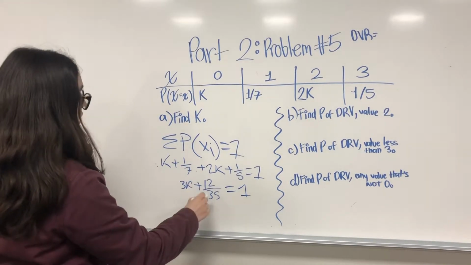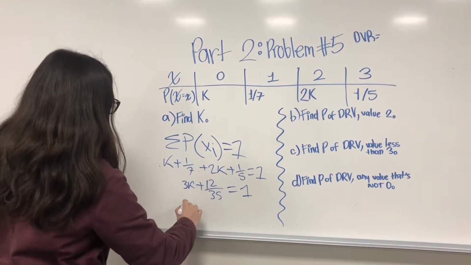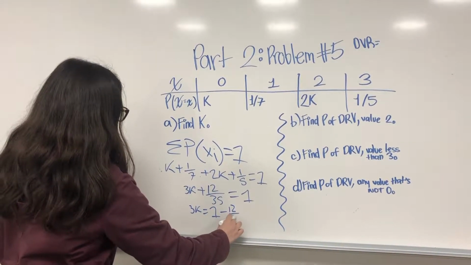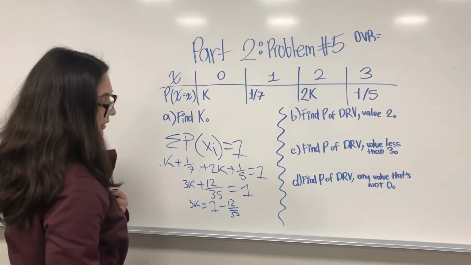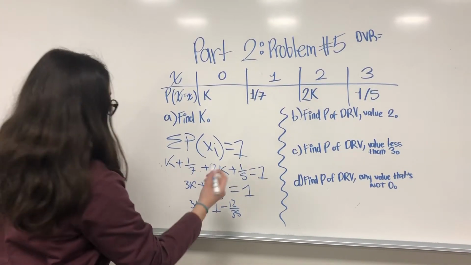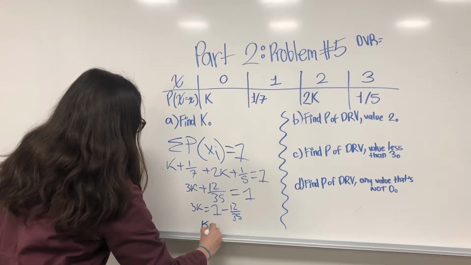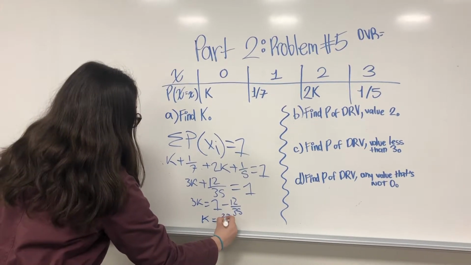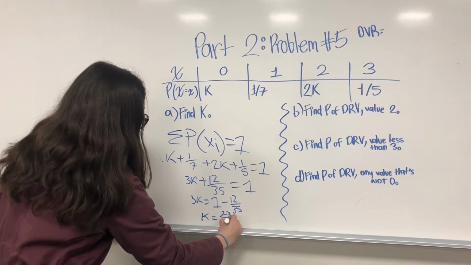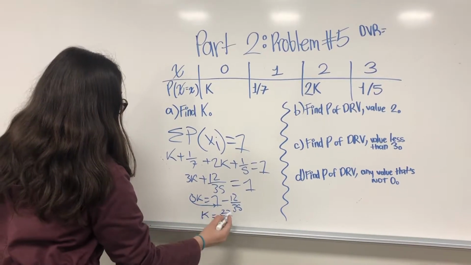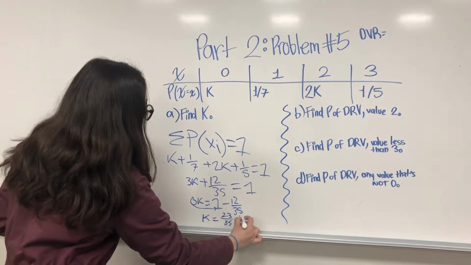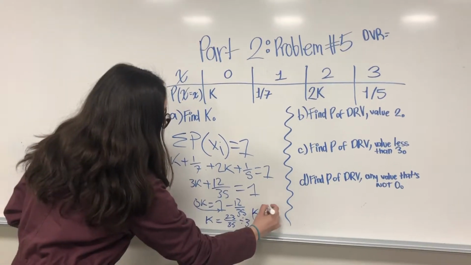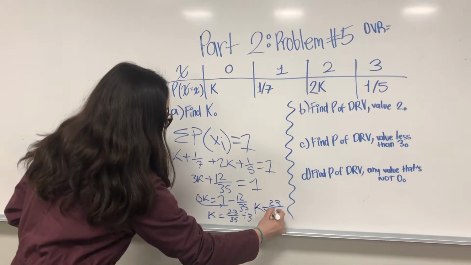And then you subtract 12/35 from 1, so 3k is equal to 1 minus 12/35. And then after that you get, after you subtract this, 23 over 35, and then you pass this over here by dividing, so you divide that by 3, which means in the end, k is equal to 23 over 105.